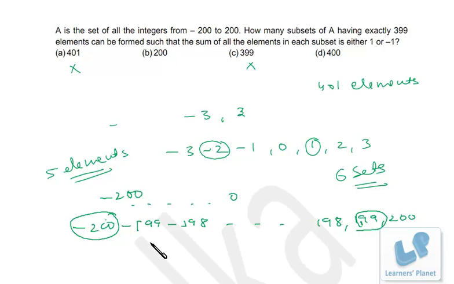In the next case, we drop minus 199 and 200 and carry on with this, right? So the sum of the remaining numbers from minus 198 to 198 will be 0. Then we are left with minus 200 and 199. So the sum will be minus 1, right?